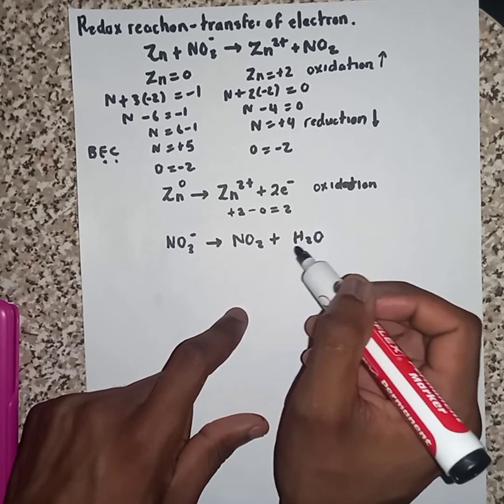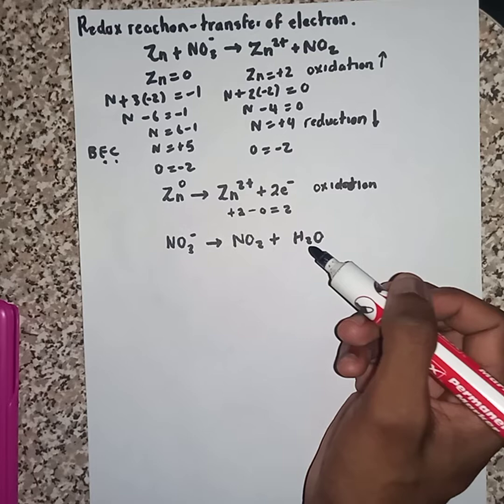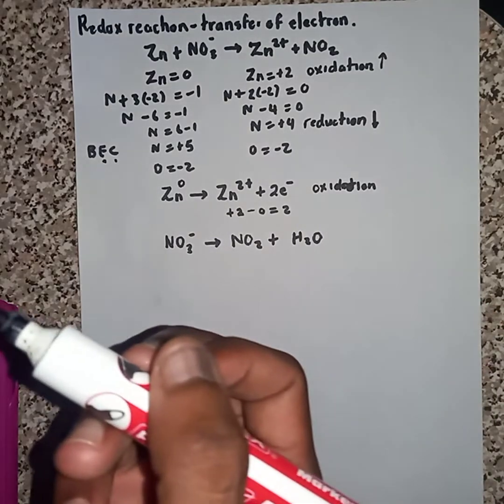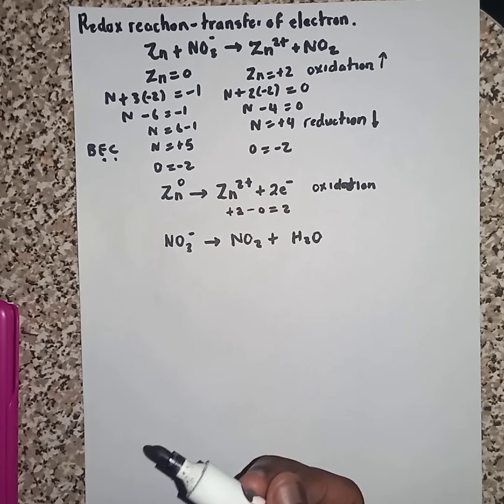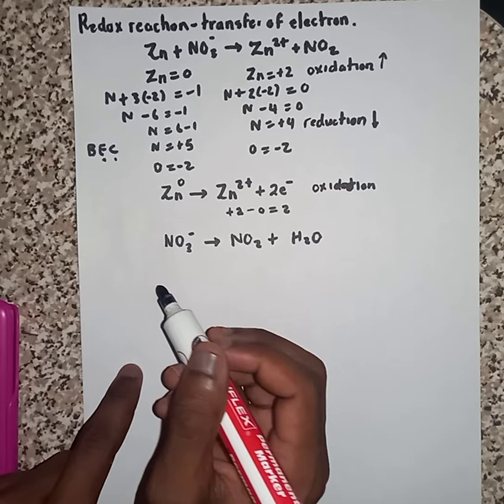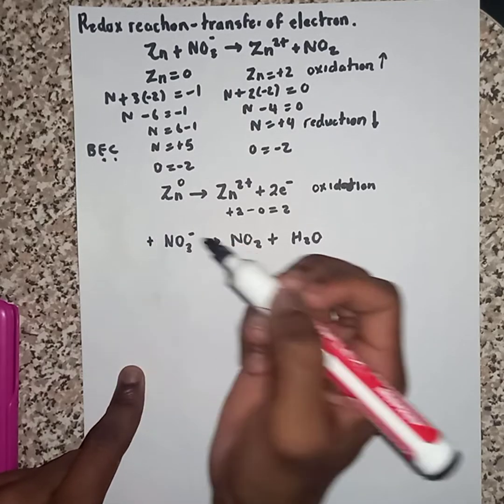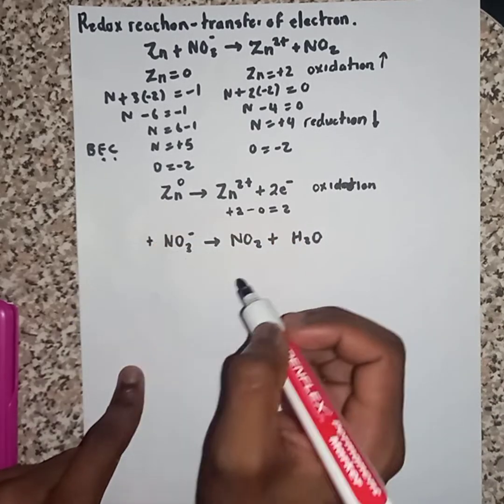Water has 2 hydrogens. For me to balance this, I'm going to add something on my left hand side, which is hydrogen ions, 2 of them.